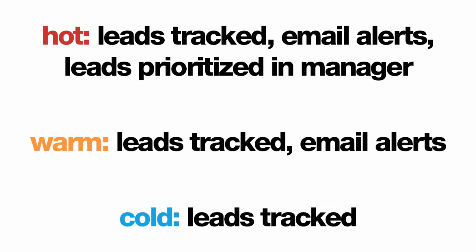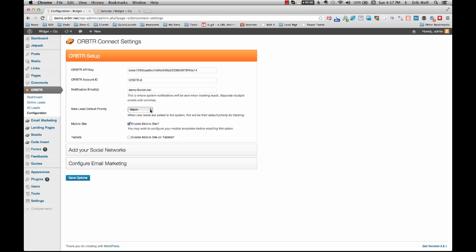And if it's a hot lead, not only is all the behavior going to be tracked and you will get the email alerts telling you when a lead has come to your website, but the hot leads also float to the top when you're looking at your leads in the Orbtr system. And this default priority is essentially what's going to be automatically applied to all new leads.